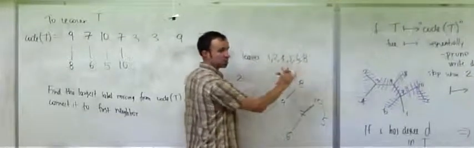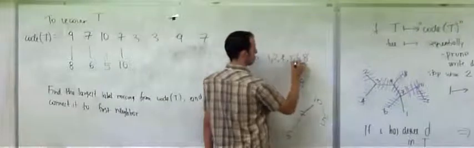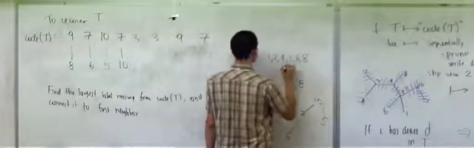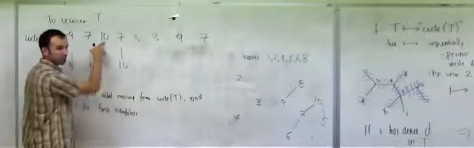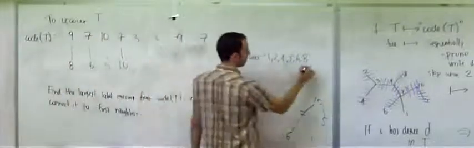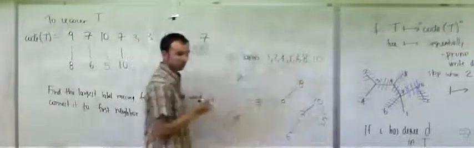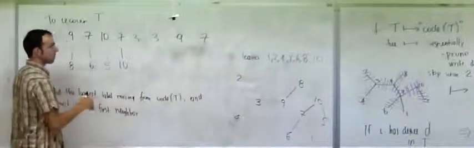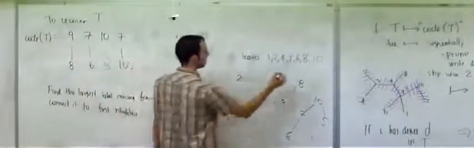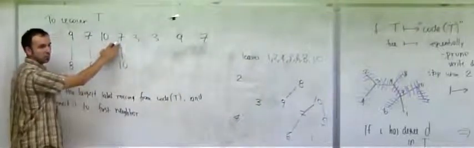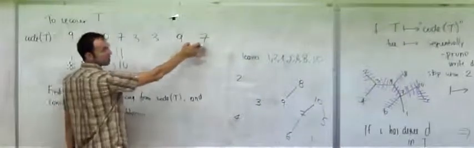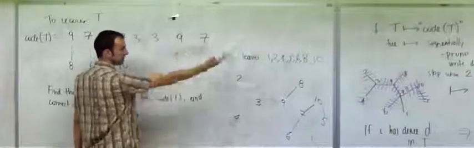So these were the original ones. Then I knocked this one off. Then I knocked this one off. Then I knocked this one off, and then in this step, 10 became a leaf. So I should have added it to the list of available leaves. Okay, and that's why I can knock it off. Okay, so I knock it off. Does 7 become an available leaf? No, because 7 is still appearing. Okay, so 7 doesn't go on the list.